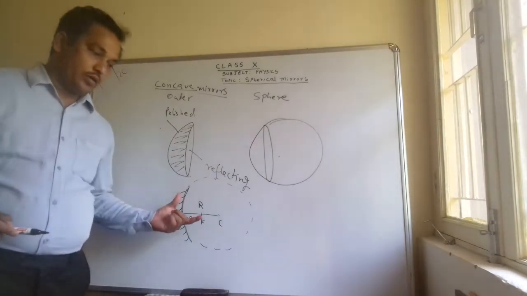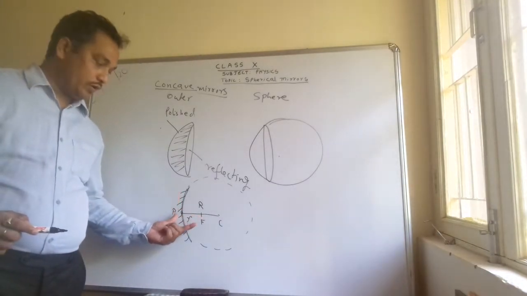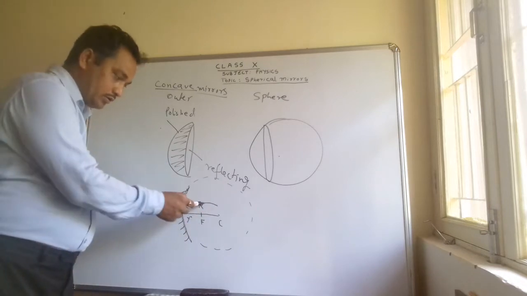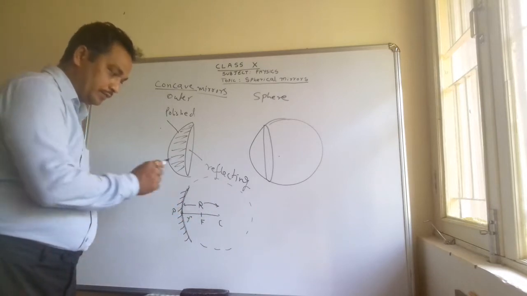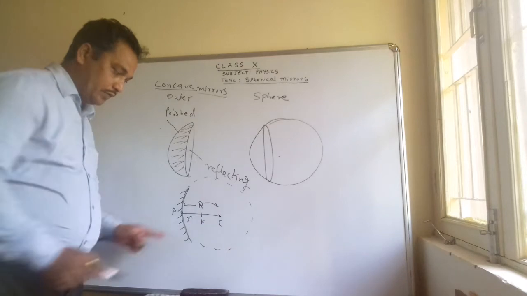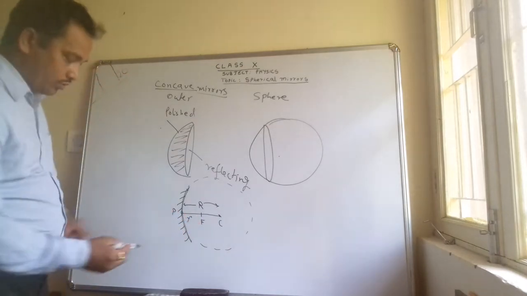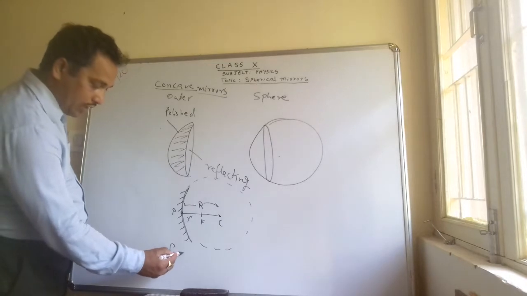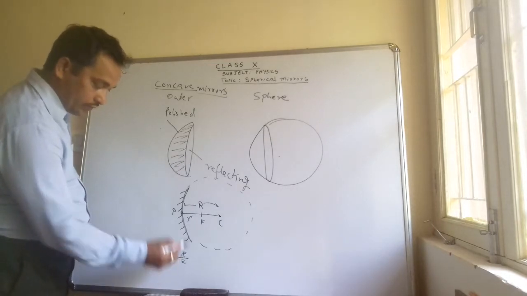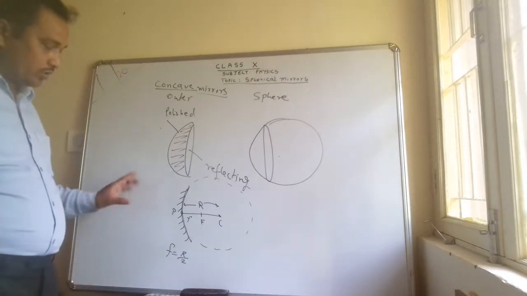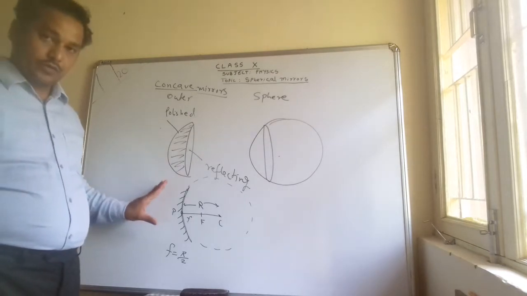So this is the focal length, this is the radius of curvature, center of curvature, focus, focal length, and pole. Focal length is half of the radius of curvature. So you can always keep this in mind in case of the spherical mirror.